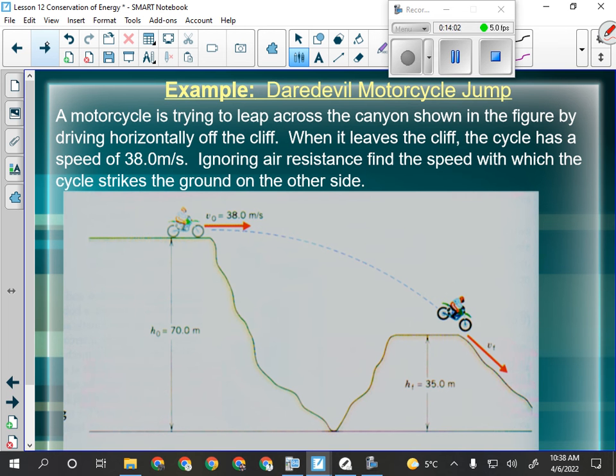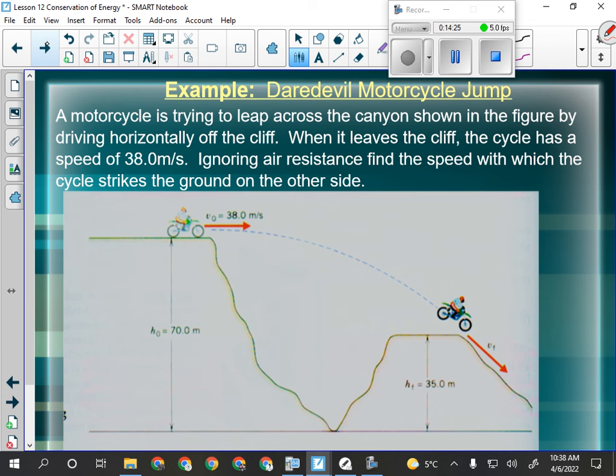All right, I want you guys to see if you can figure this one out. It's just like the roller coaster question we did yesterday. Okay, so we got this person who's trying to jump a canyon on a motorcycle. I'm going to show you a video of a guy jumping a canyon on a motorcycle after this. Okay, so he's going to ride off one side at 38 meters per second.